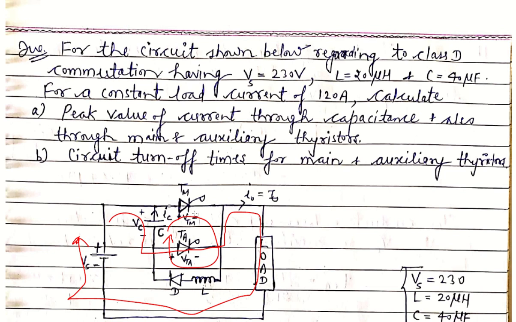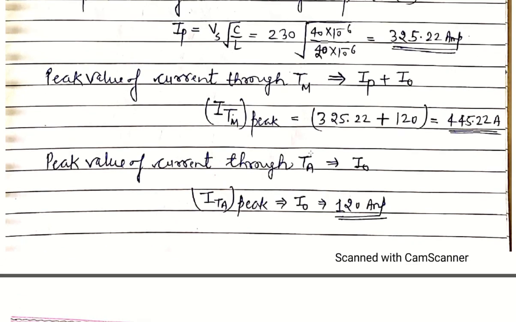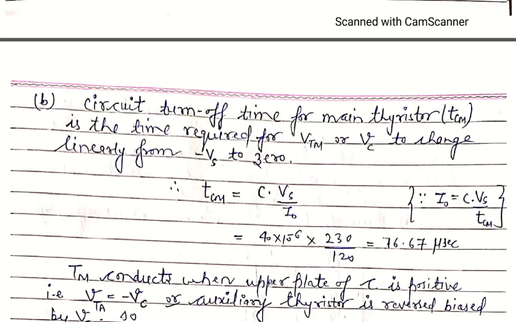Because the main thyristor is off, no capacitor current flows through the auxiliary thyristor. When the capacitor reverses polarity, the auxiliary thyristor turns on, and I naught is the peak value of current through it. I naught is given in the problem as 120 ampere. So this is the answer for the peak value of current through the auxiliary thyristor. Now see the second part of this problem.